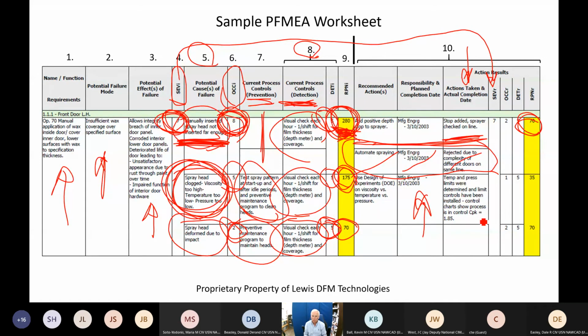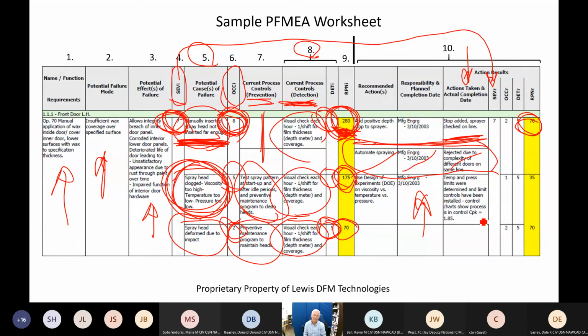And if we can improve the detectability of the potential defect, then we have in essence lowered the detection score of that new process.